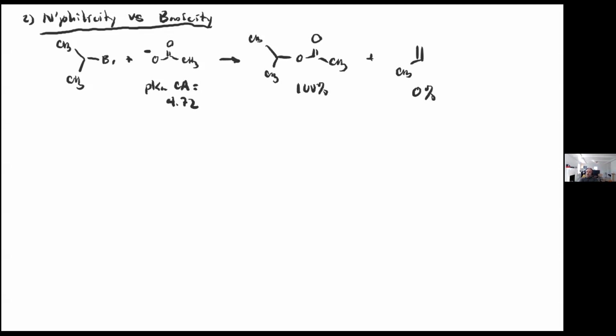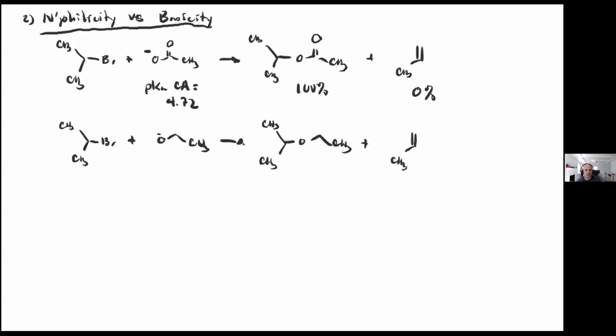If you go to an oxygen-based reagent that's more basic, like an alkoxide, now you get a mixture of products. And so the substitution product forms, but only to the tune of about 45%.